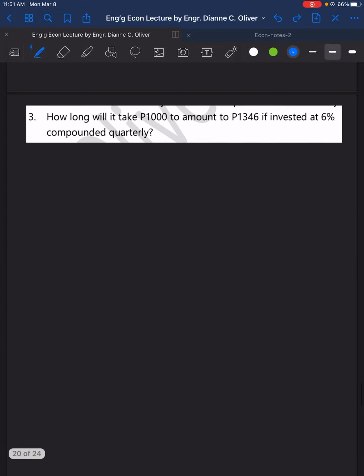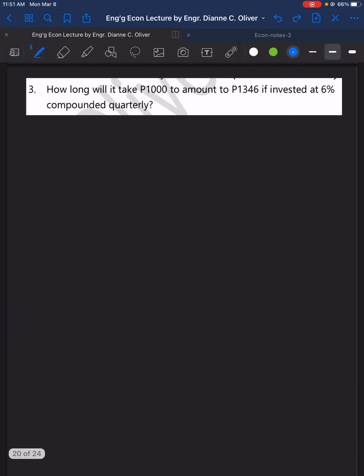Next, number 3. How long will it take 1,000 pesos to amount to 1,346 pesos if invested at 6% compounded quarterly? So let's put here the given again.